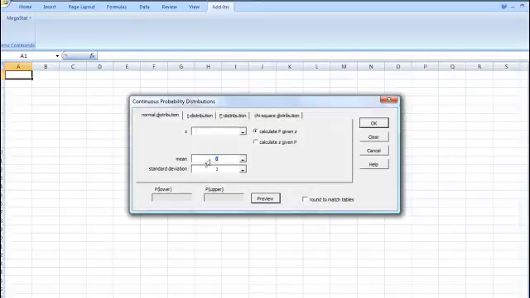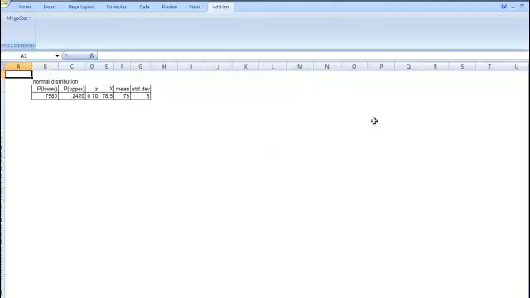The mean miles per hour was 75, the standard deviation was 5, and I want to know the probability of getting a result greater than 78.5 miles an hour. So what we're doing is calculating the probability, P, given an x value. Here's my x value. We can also do the opposite, but for now, we're calculating probability. So let me hit OK.